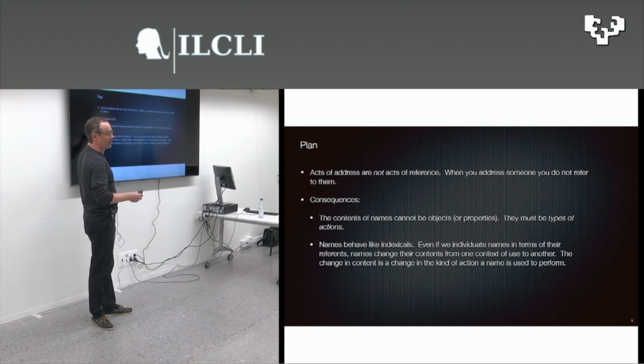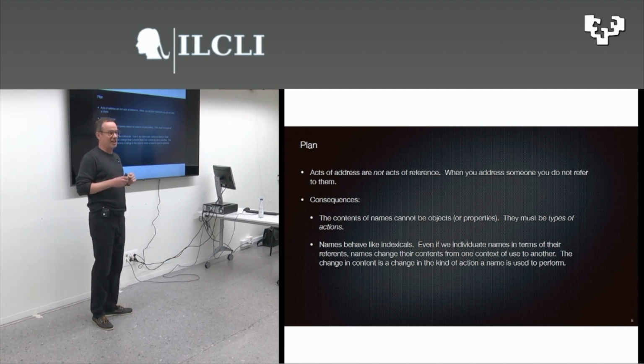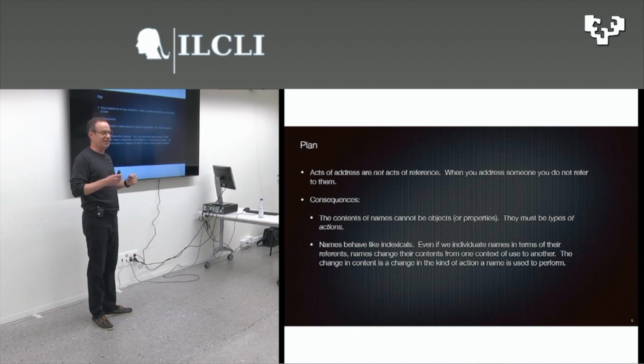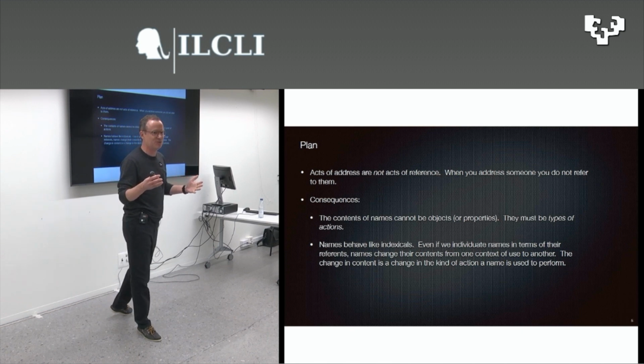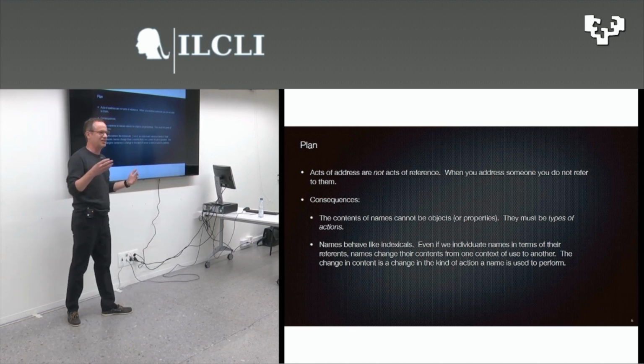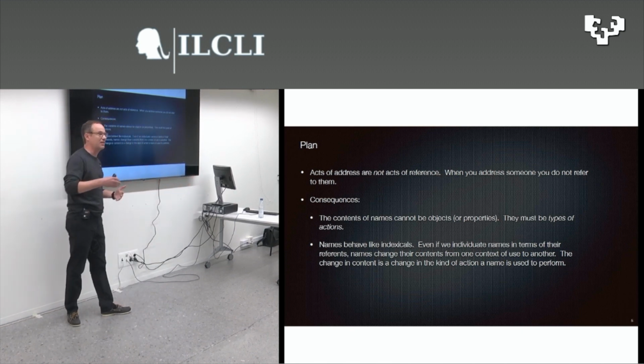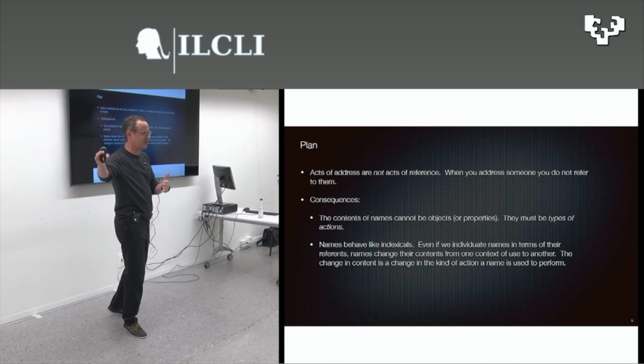Now I'm going to go on to draw two consequences. I think that's important for a lot of reasons, but here I want to draw two consequences about names. The first is that the content of a name, or the content of the use of a name, cannot be an entity of any kind. In particular, it can't be an object, it can't be a referent, nor can it be a property. There are predicativist views about names on which the contents of names are properties, like person named Charles.